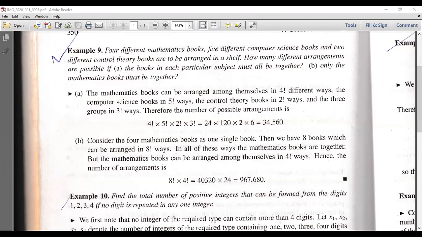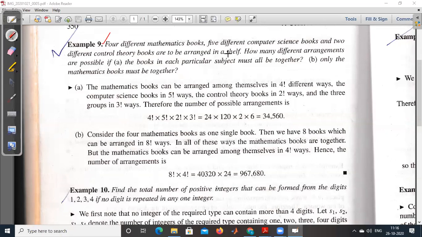Okay, students. So 4 different math books, 5 different computer science books, and 2 different control theory books are to be arranged in a shelf.